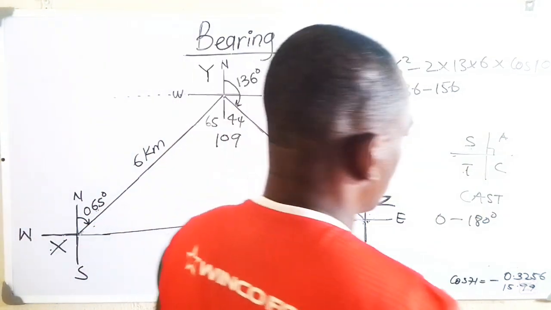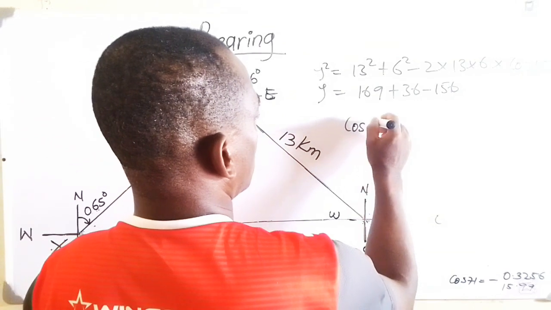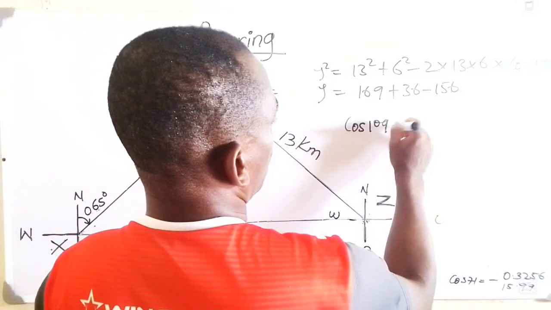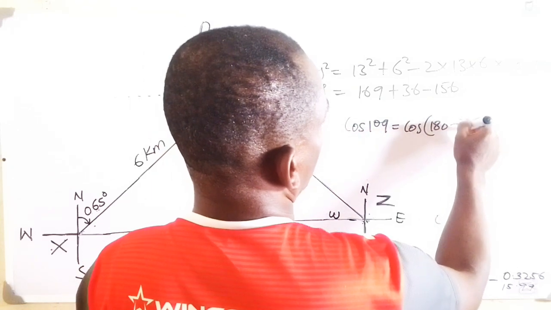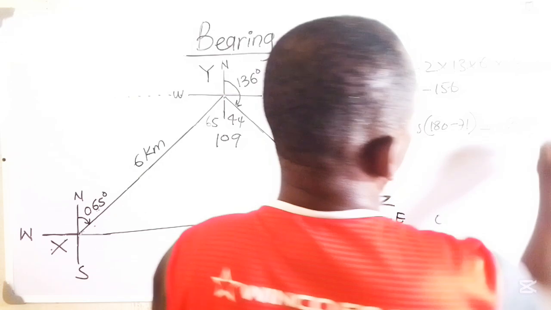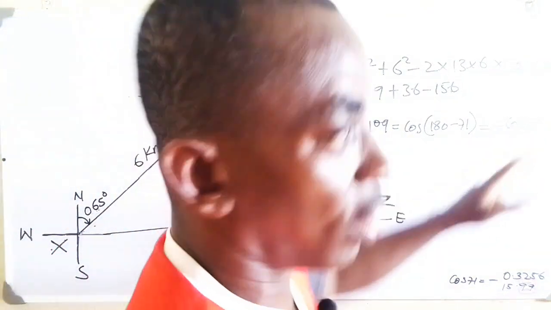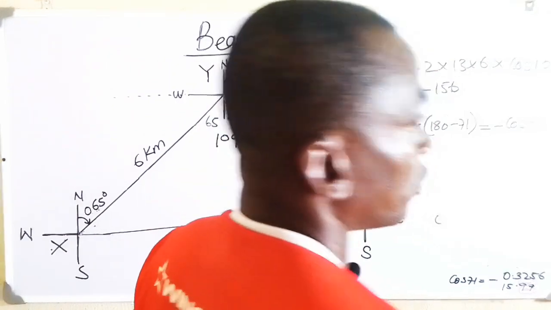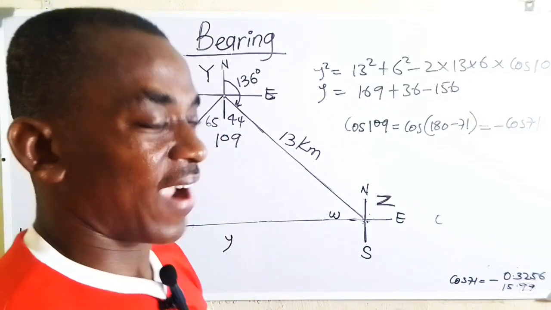Then what do you say now? You say cos 109 equals cos (180 minus 71), which equals minus cos 71. It's minus because cos is negative in that quadrant. If you want to verify whether it's negative, you can punch cos 109 into your calculator.